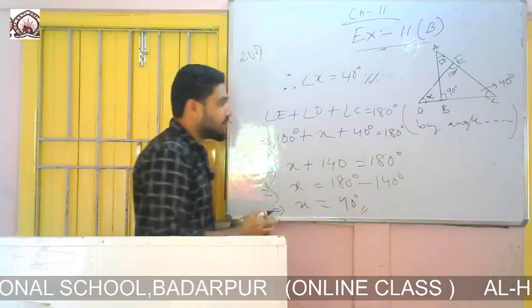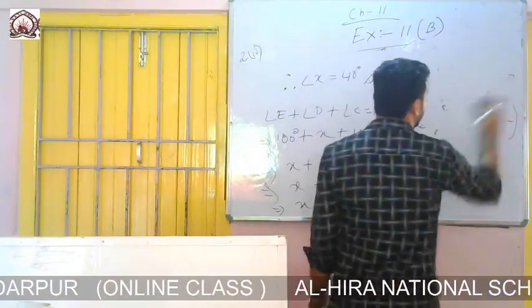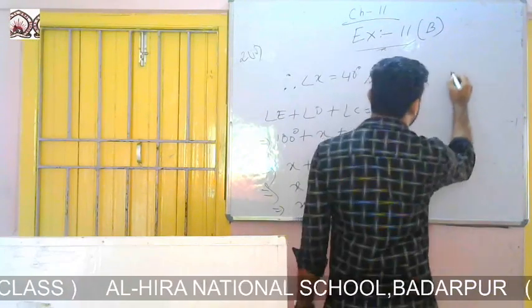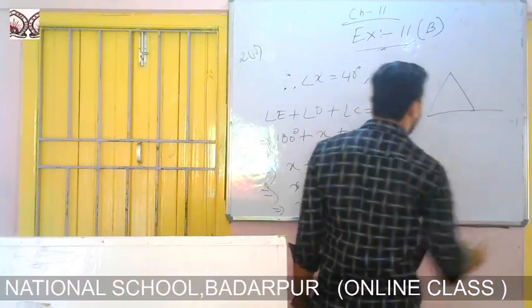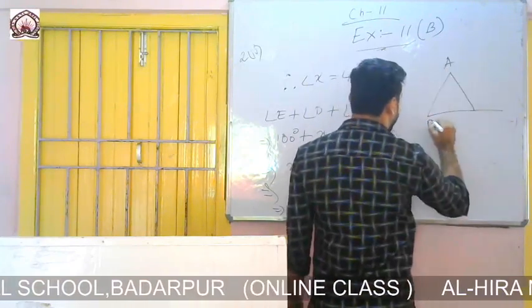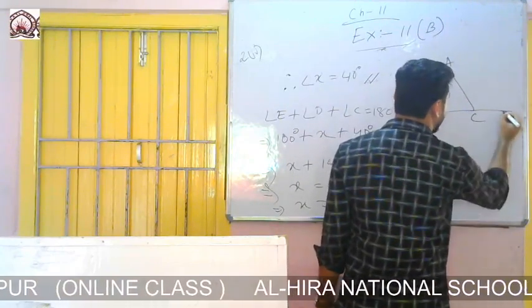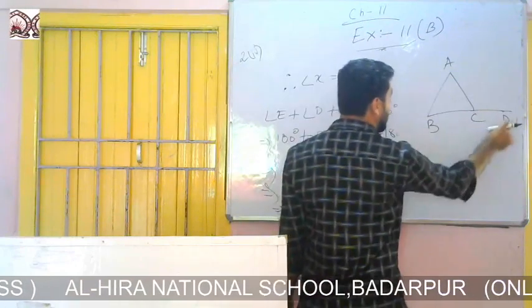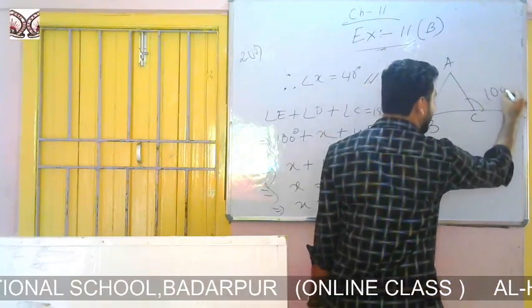If I draw a figure, then it will be easy for you to understand. Suppose I consider a triangle ABC, and here I have extended BC to D. In the question it is given that ACD, that is the exterior angle, the measure of this angle is given 100 degree.